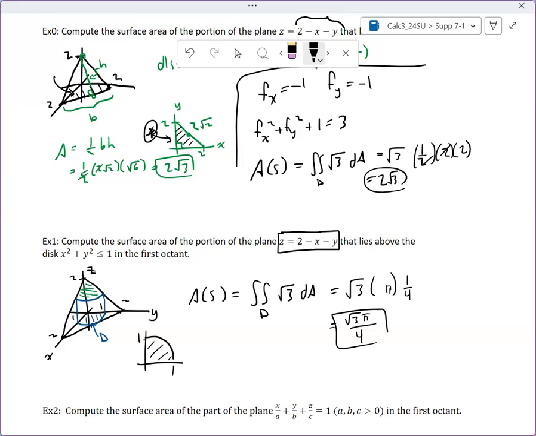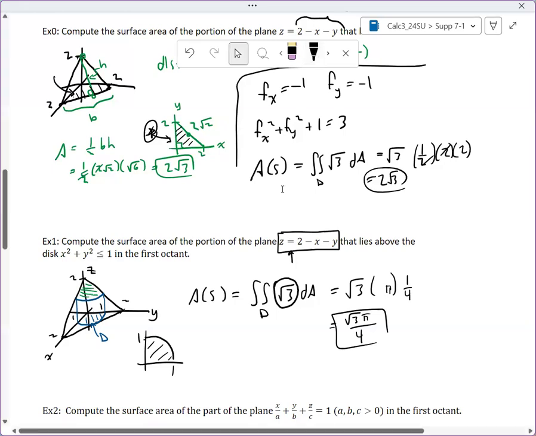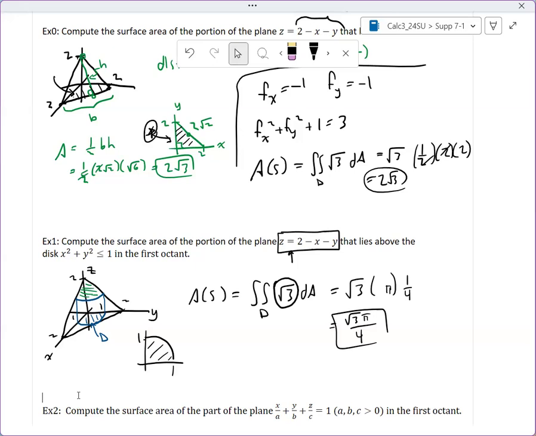So whether I pick a bigger or a smaller domain of integration, whether it's a curvy domain or a nice domain with flat sides, I'm always going to get square root of 3 times the area of that domain, because as long as this plane stays the same, this integrand stays the same. So in a sense, what this plane is doing is stretching the xy plane by something like a factor of square root of 3 in a certain direction.